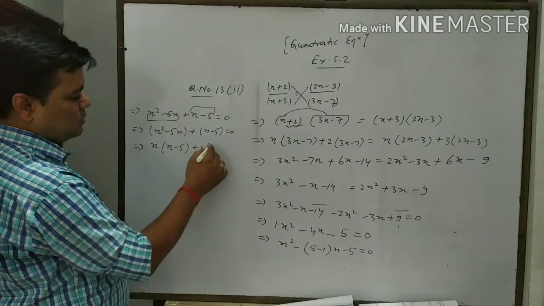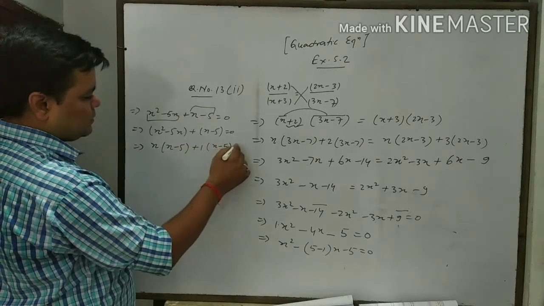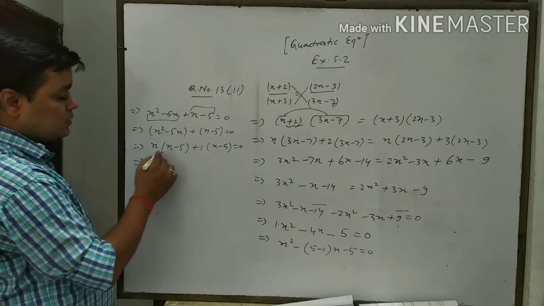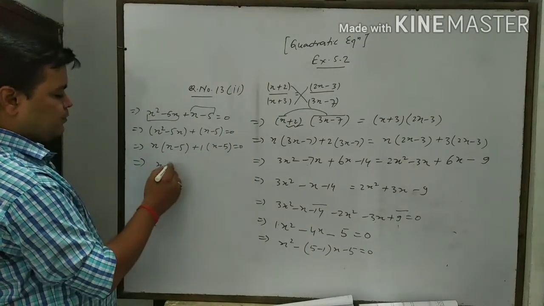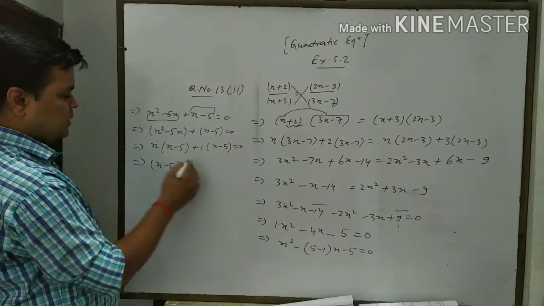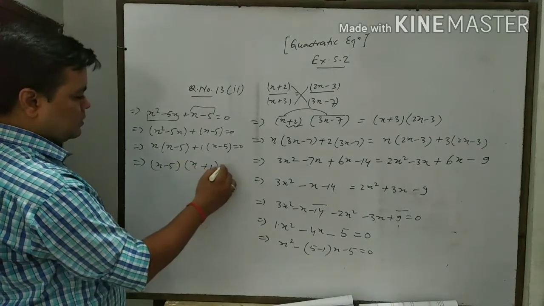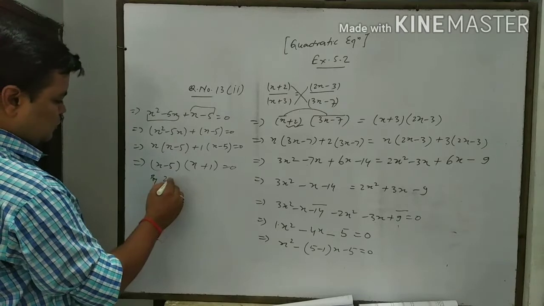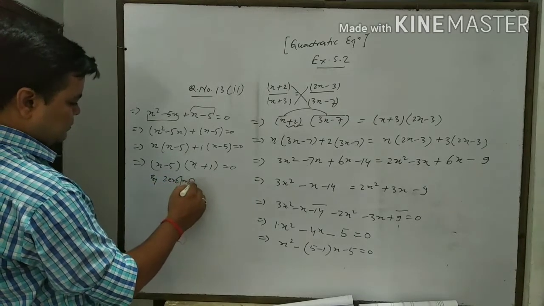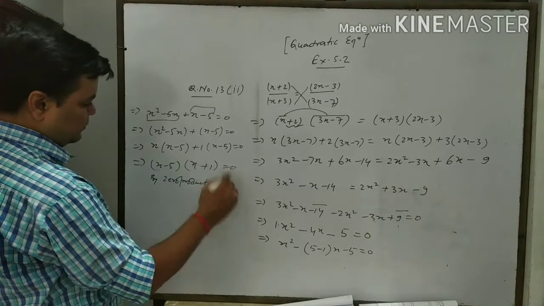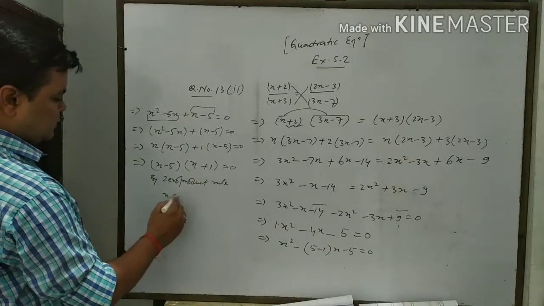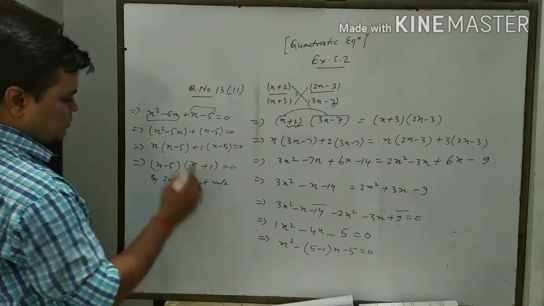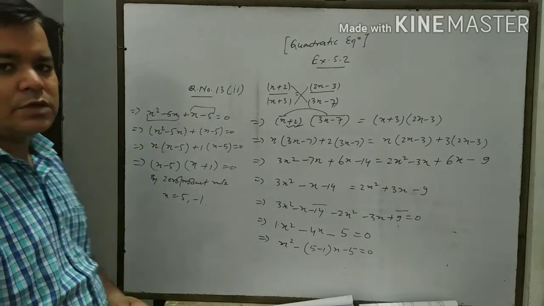What is common here? 1. (x minus 5) is equal to 0. Now what is common? (x minus 5) is common. And what will we get here? (x plus 1) is equal to 0. Now by the zero product rule, x is equal to 5 and minus 1. This is the solution of the question.